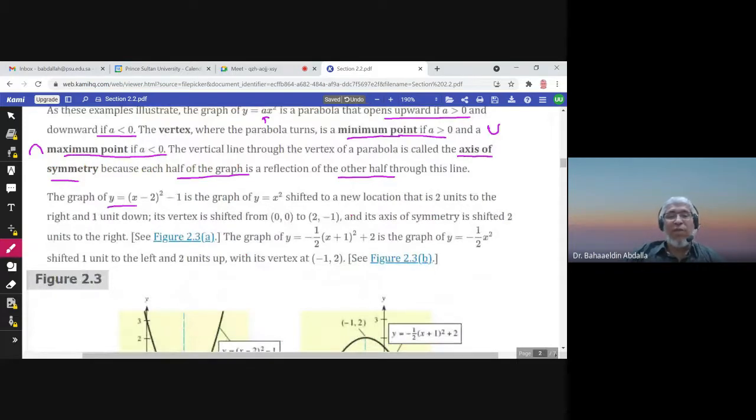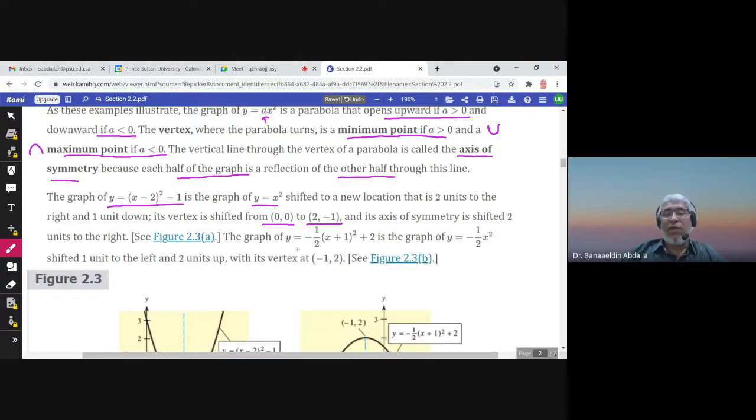If we talk about this parabola, this means we started from this parabola and we moved 2 units to the right and 1 unit down. So the vertex, instead of being (0, 0), would be (2, -1): 2 units to the right and 1 unit down. And also the axis of symmetry will be shifted. So instead of x equals 0, it would be x equals 2.